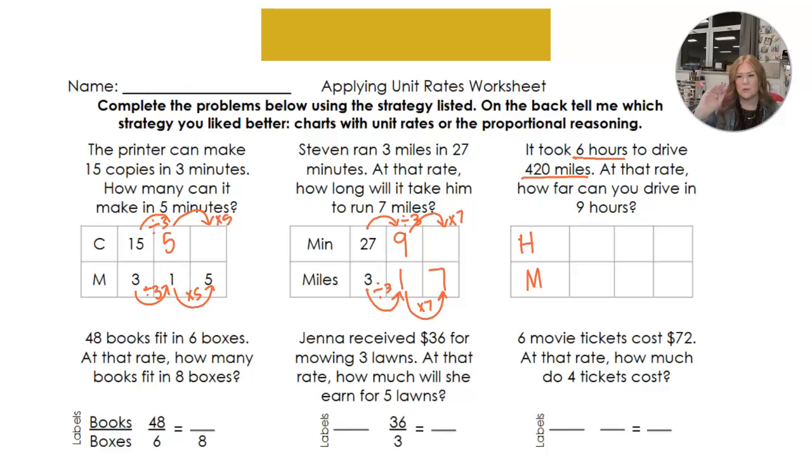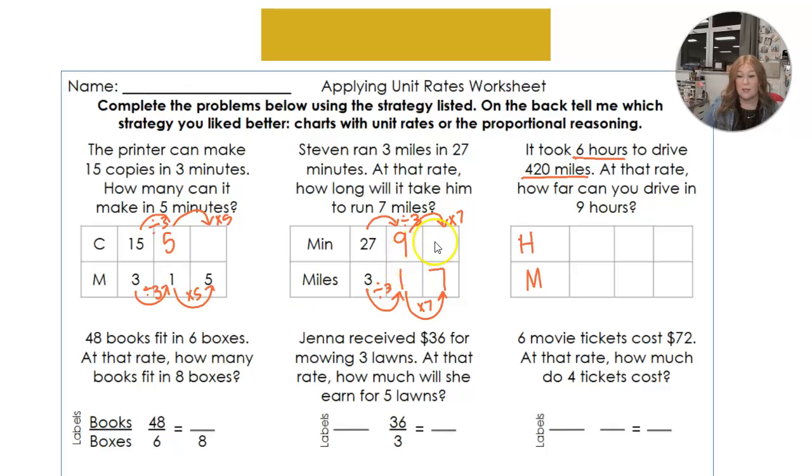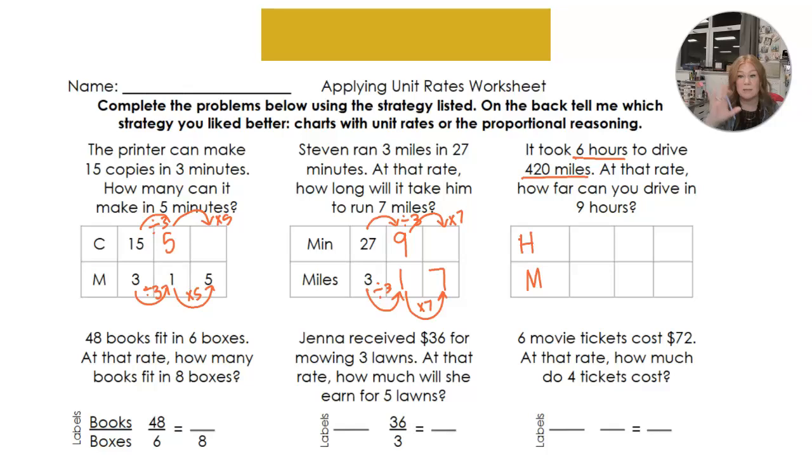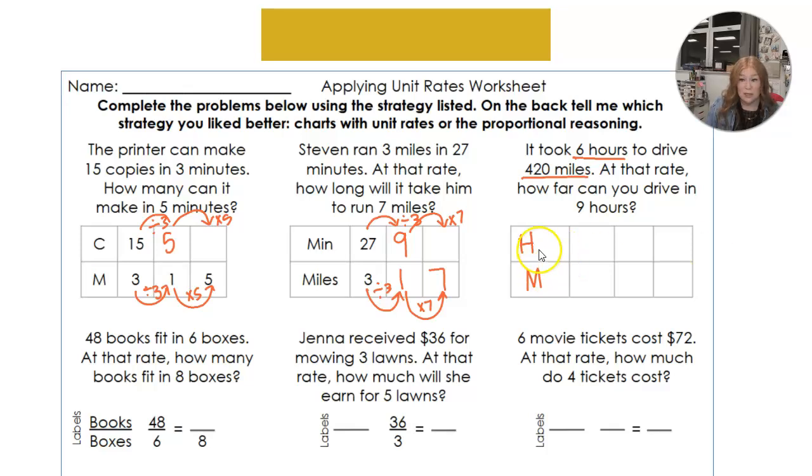It doesn't matter which one you put on top. It just matters that every time you're talking about that thing, it gets in the right row. So we put hours on top. So every time we're talking about hours, we want to make sure it's on the top. And every time we're talking about miles, we need to make sure it's on the bottom. So it doesn't matter top or bottom, but you need to make sure they match the correct label. That's why we put the labels.